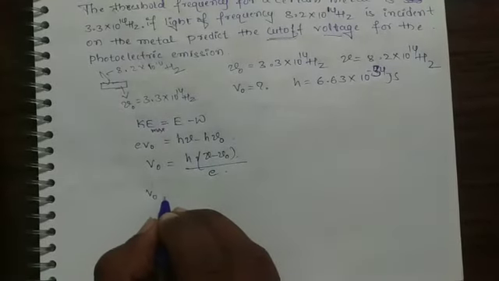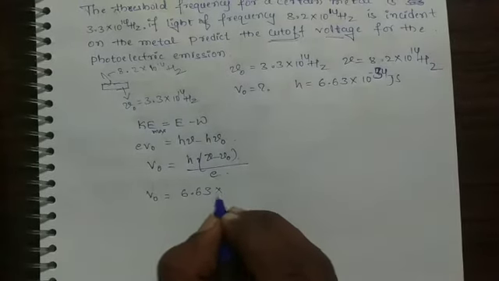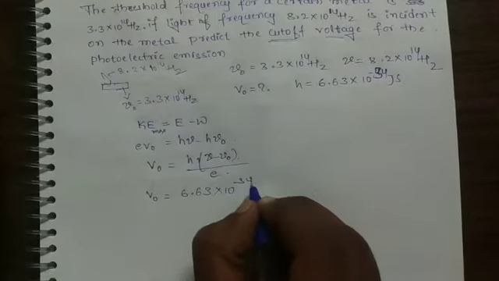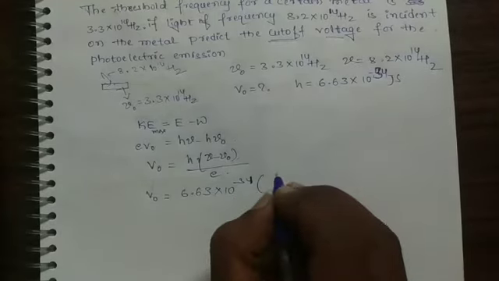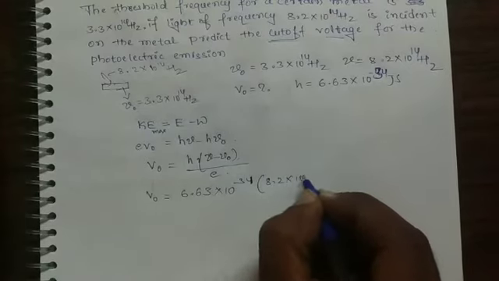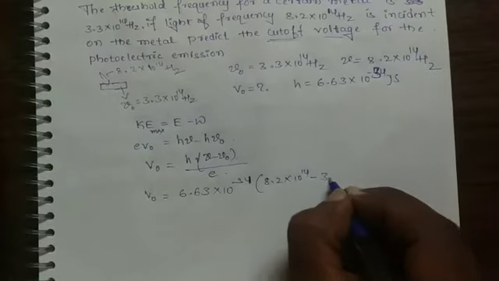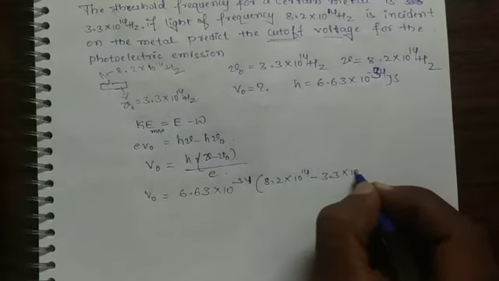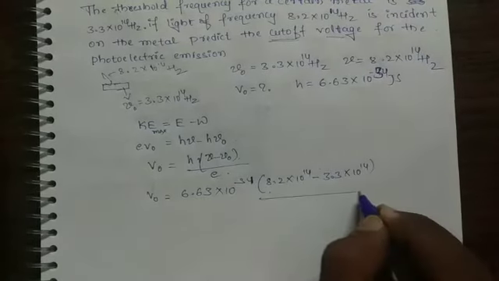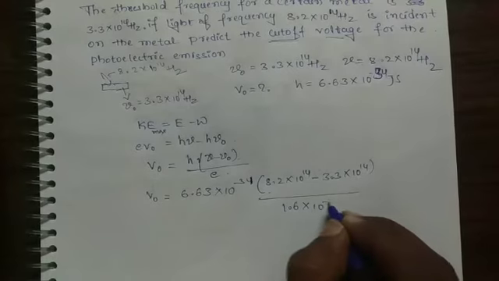Here V naught is the stopping potential. V naught is equal to the h value 6.63 into 10 power minus 34, into the applied frequency 8.2 into 10 power 14 minus the threshold frequency 3.3 into 10 power 14, divided by 1.6 into 10 power minus 19.